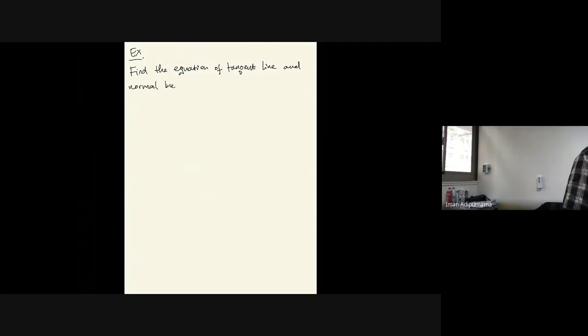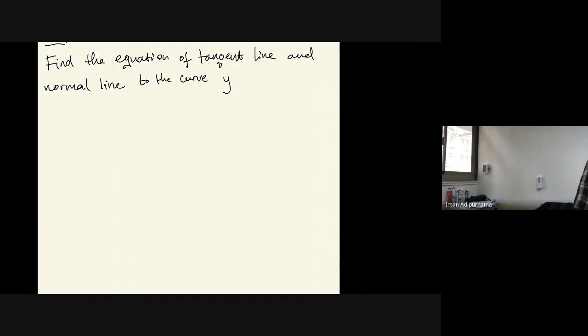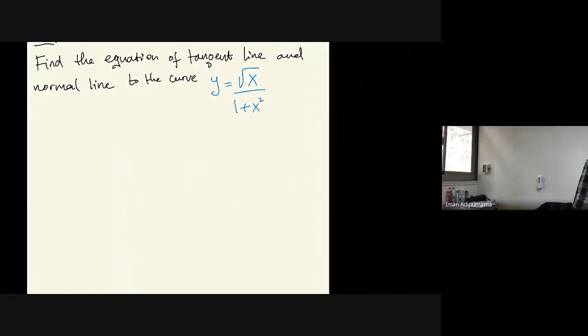So for this example, I need to know whether you know how to find the equation of the tangent line and normal line to the curve y at 1.5.